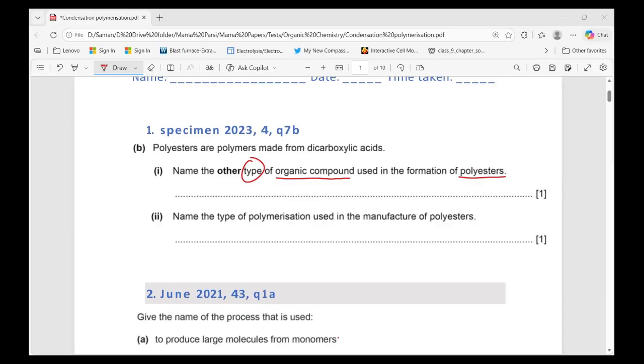Polyesters we are making. Amal, correct. Polyesters. Esters need two compounds. One is carboxylic acid. Esters, you forgot esters making. Carboxylic acid and alcohols are required to make esters.